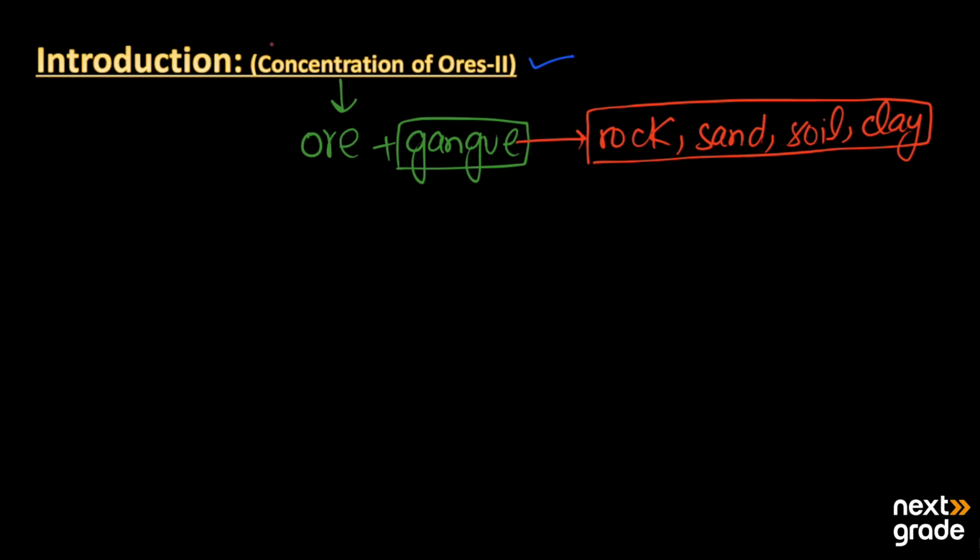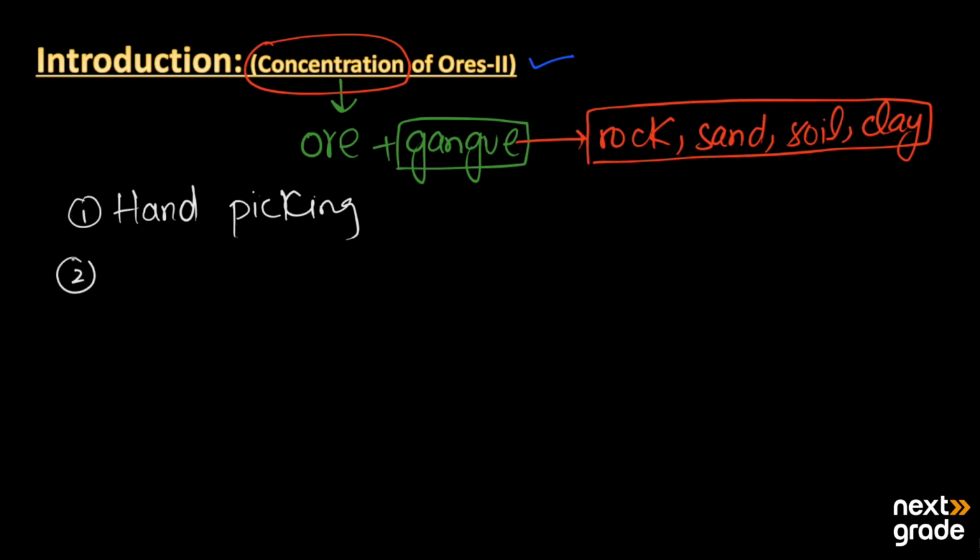This process is mainly known as concentration, and for the process of concentration, we may use four methods. The first one is hand picking, the simple physical method in which we pick up the particles from the ore. The second method is the gravitation process, also known as hydraulic washing.